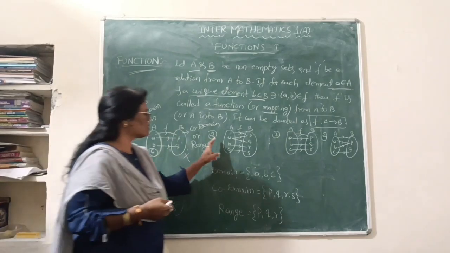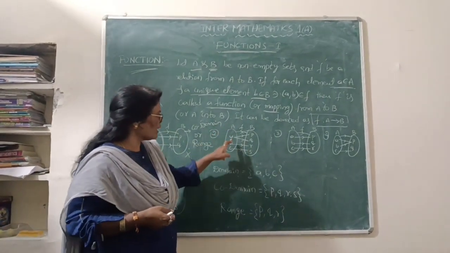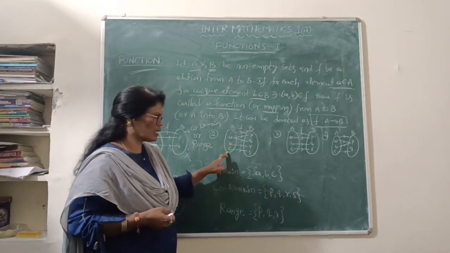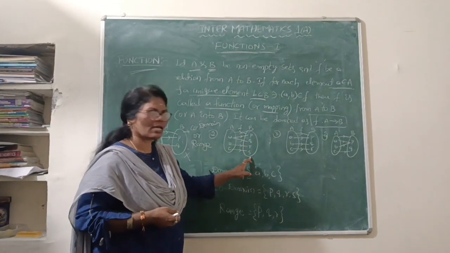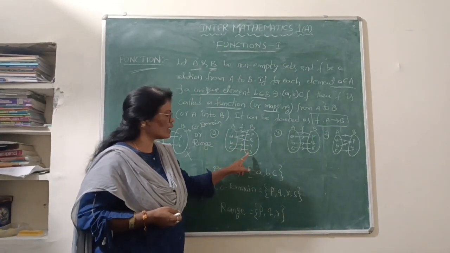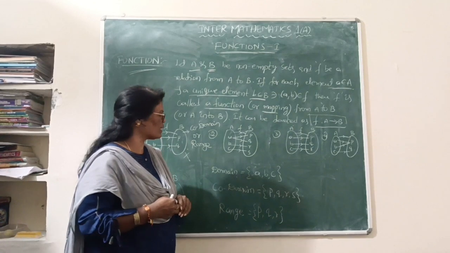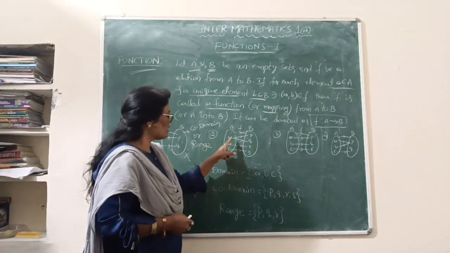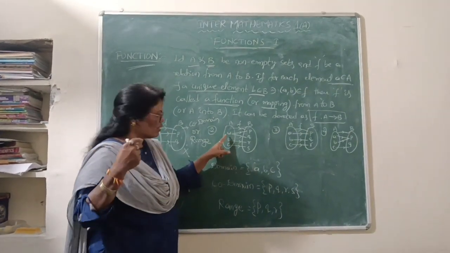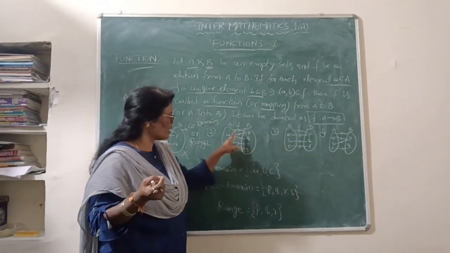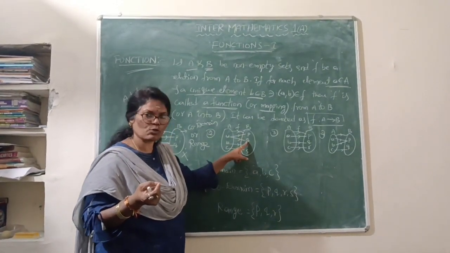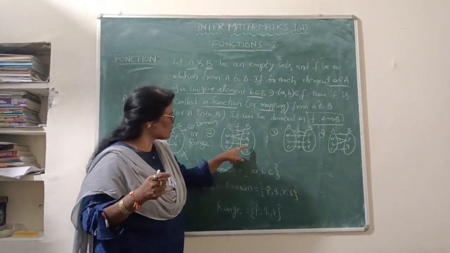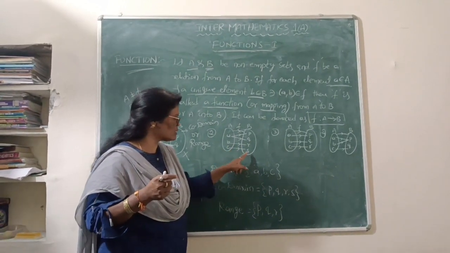Second example: here A contains the elements a, b, c and B contains the elements p, q, r, s. Different elements I am taking in this. Here a has the images p as well as q, b is related to r, and c is related to s.